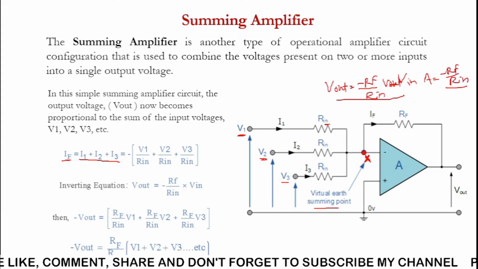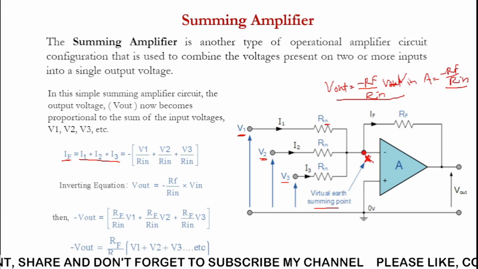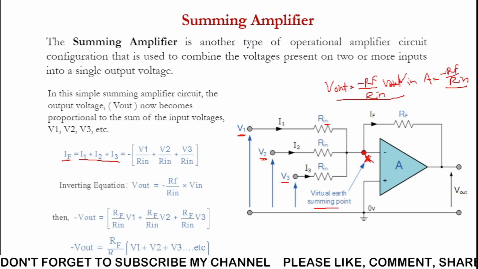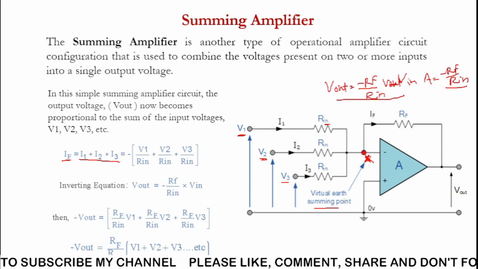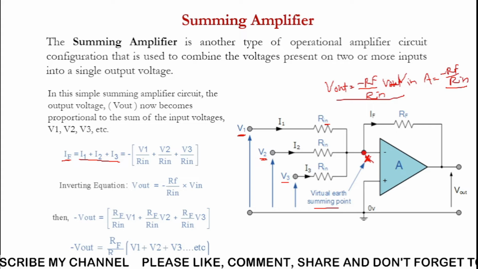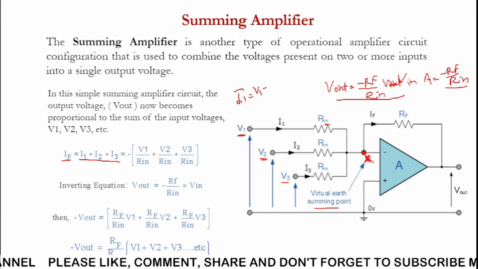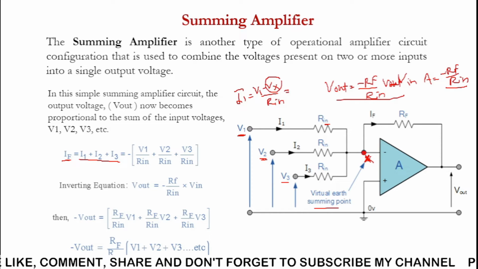So we have to find out I1 plus I2 plus I3. The IF direction is from V out to the X point.